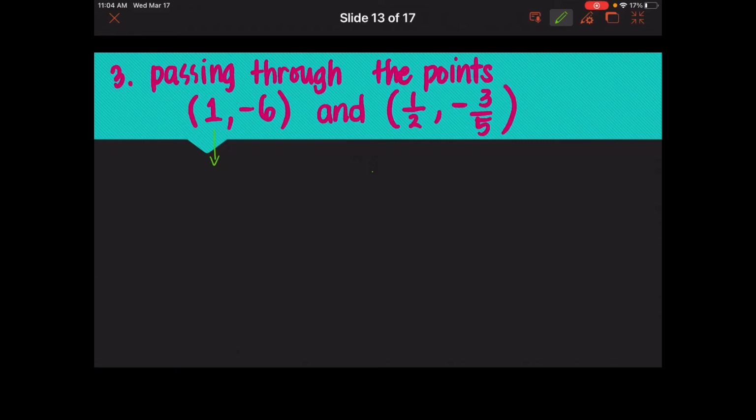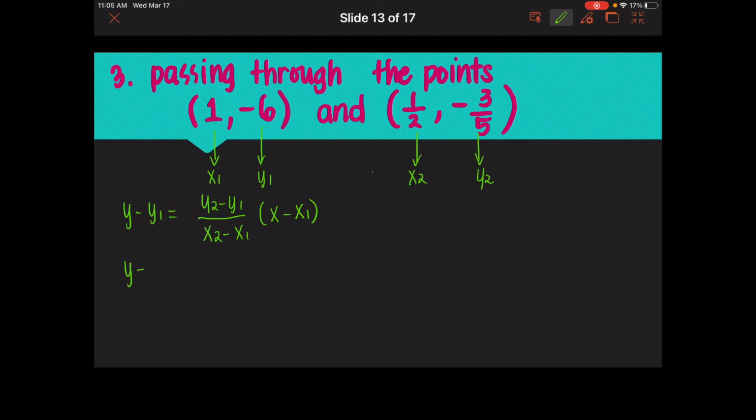So this will be my x sub 1, y sub 1, and x sub 2, y sub 2. Then we will start by writing down the formula. So y minus y sub 1 equals y sub 2 minus y sub 1 over x sub 2 minus x sub 1 times x minus x sub 1.